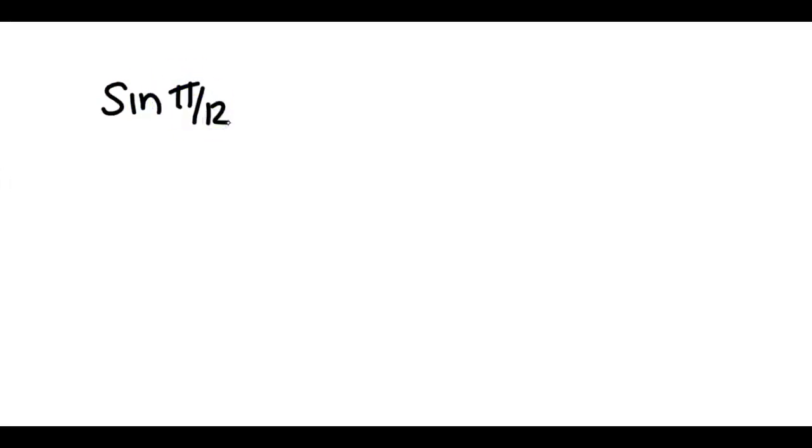Whenever I see sine pi over 12, I don't know what angle that is. I have a hard time seeing things in radians and understanding what angle that would be. So a lot of times I just switch it in my head, because we remember that we can go 180 over pi to switch anything to a degree. So you can cross off pi's, and if you go 180 divided by 12, you end up with 15 degrees. Okay, so pi over 12 is 15 degrees.